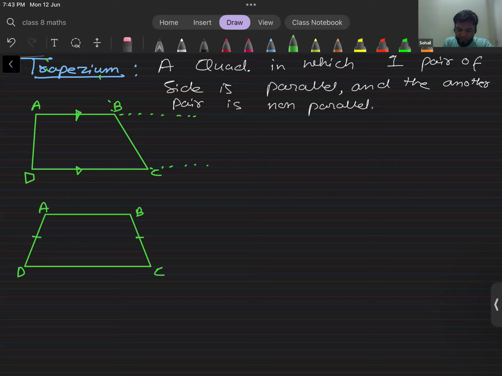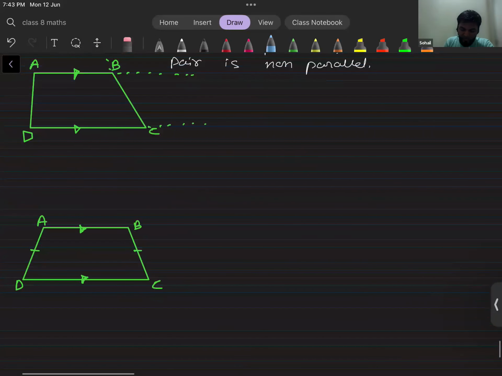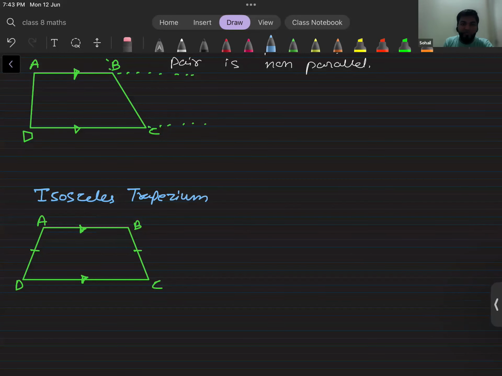So AD and BC are the same, and AB and DC are parallel to each other. Such a type of trapezium will be called an isosceles trapezium. It is simply a type of trapezium in which the non-parallel pair of sides are equal in length.